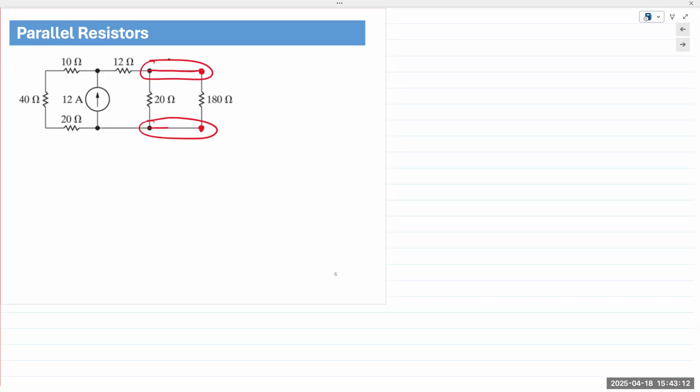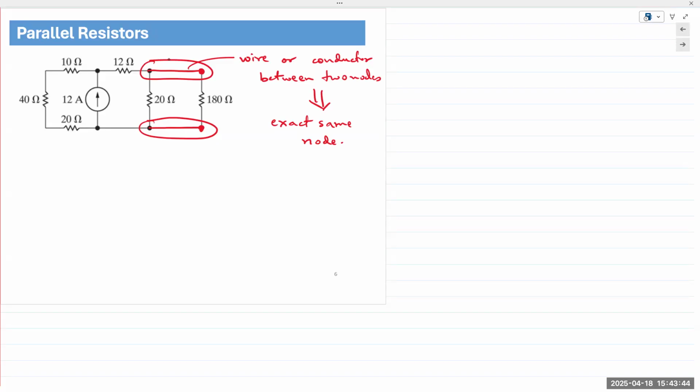Okay. A wire or conductor between 2 nodes means it's the exact same node. And oftentimes in a circuit, it's not always obvious.